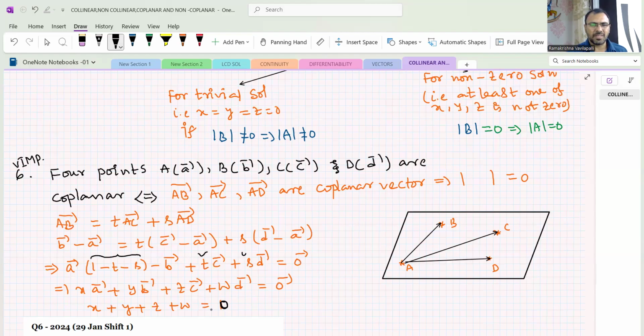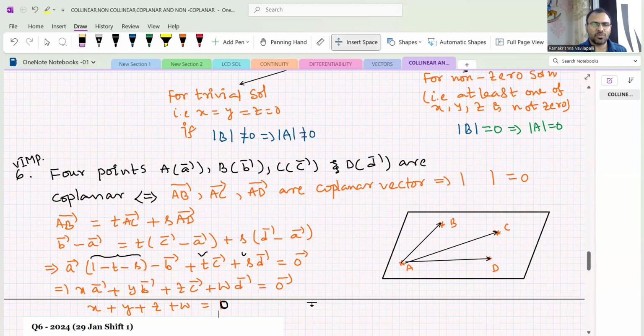Check it out: 1 minus T minus S minus 1 plus T plus S equals 0. At the right time, you won't be able to remember this point. If 4 points are coplanar, then X A bar plus Y B bar plus Z C bar plus W D bar equals 0 bar implies X plus Y plus Z plus W is equal to 0.